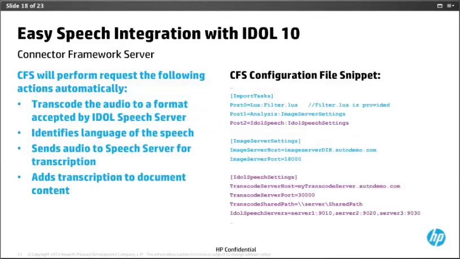Speech server has a very similar methodology for being invoked through the connector framework services. Again, you can see an example of the configuration file on the right-hand side of the slide that talks about the import tasks and references a specific Lua script, and also specifies that there's a section that's going to be invoked to perform actions against the audio data or video data that is processed through the speech server.